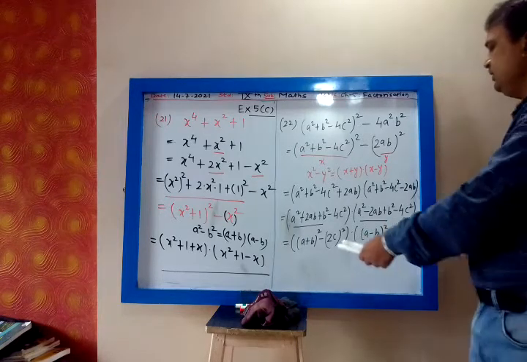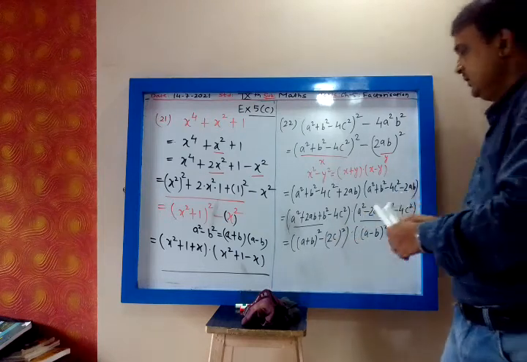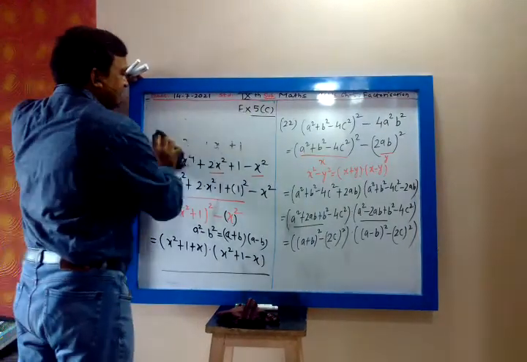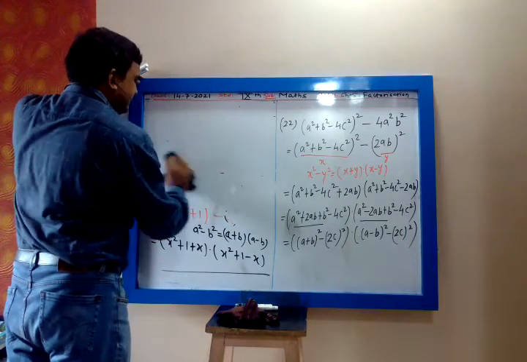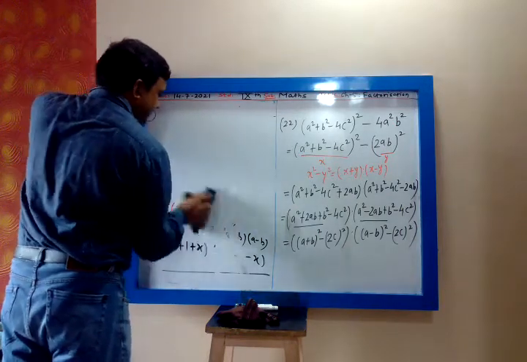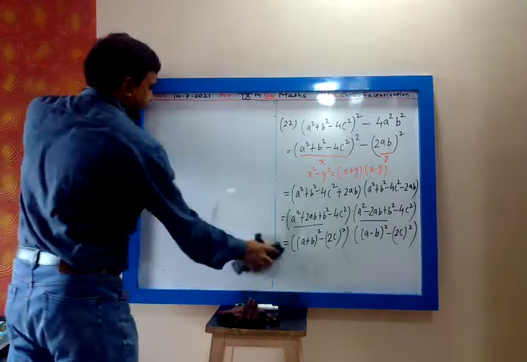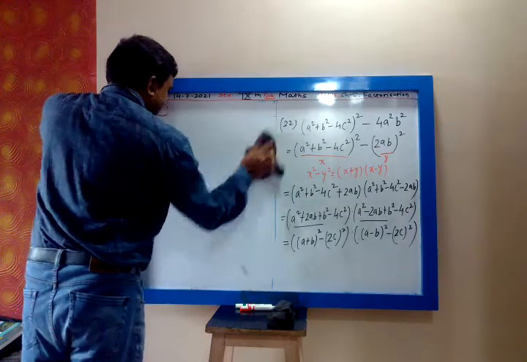So in each one of them you apply x square minus y square, which is x plus y into x minus y. So using that we simplify.